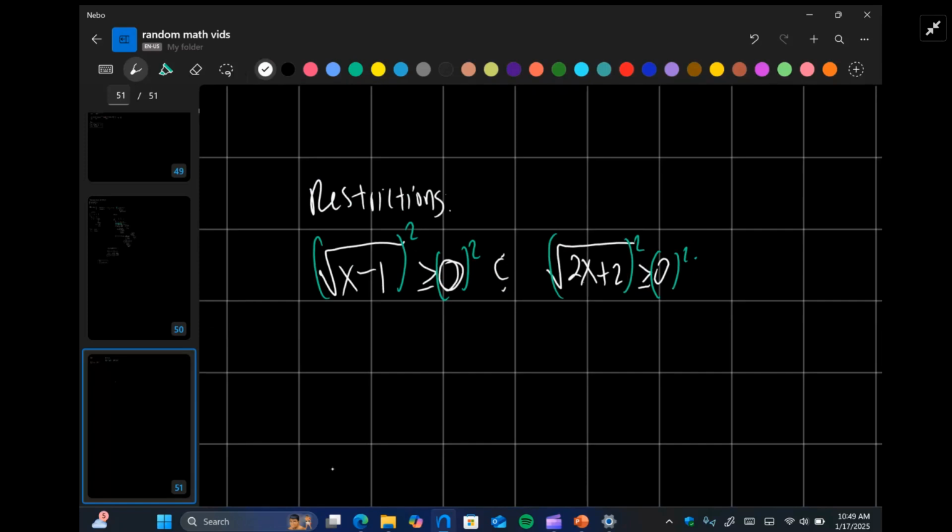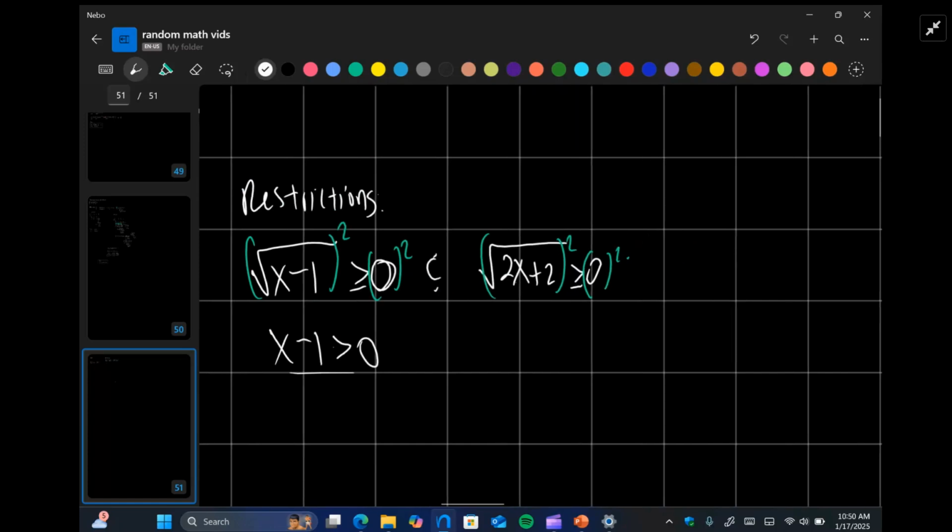So in this case, x minus 1, the square and square root cancel out, is greater than or equal to 0. And then 2x plus 2 is greater than or equal to 0.